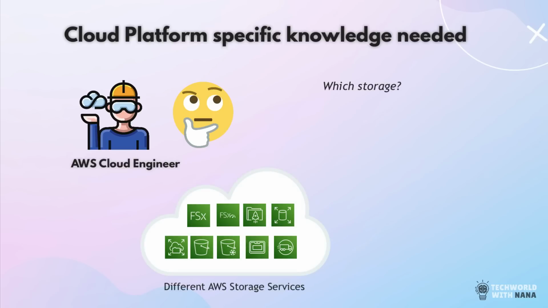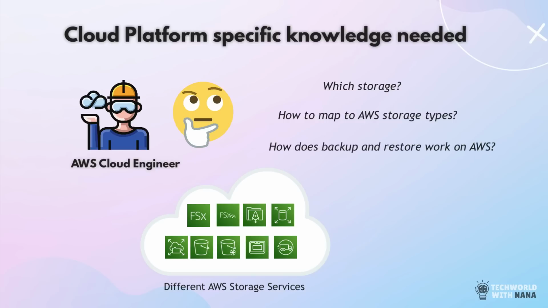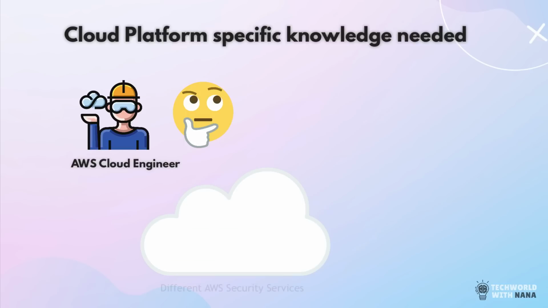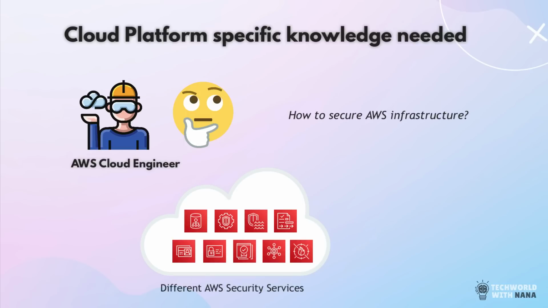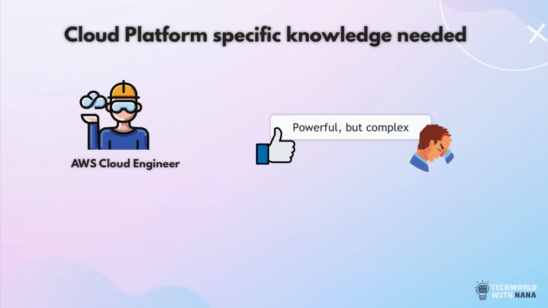Maybe your application needs different types of storages, so how to map those needs to AWS storage types, how to do data backups, so in case of disaster, data can be restored. Make sure the applications and access to the whole AWS infrastructure is secure. Because of the complexity of such large cloud platforms and so many options, it's powerful but complex.